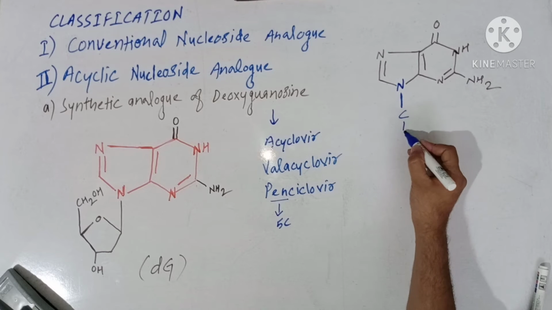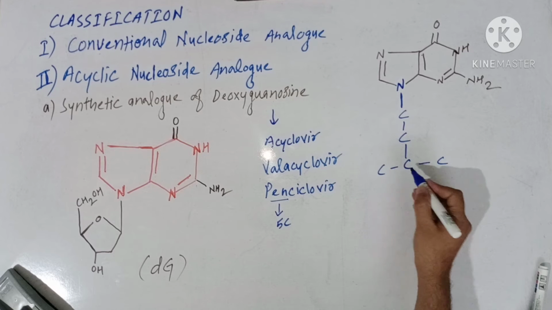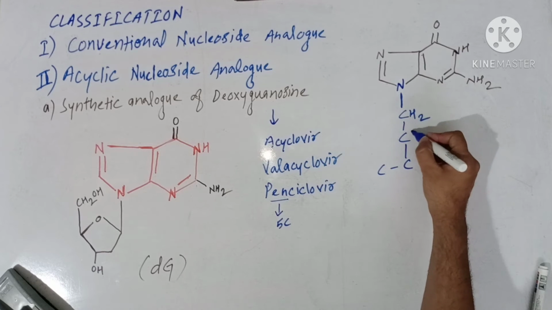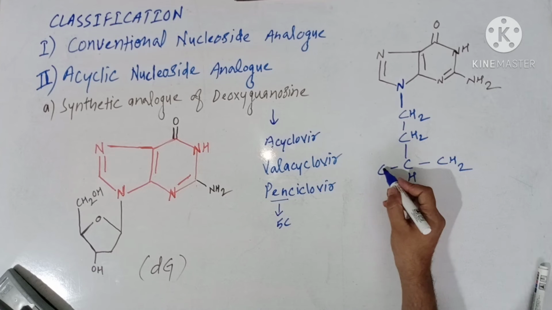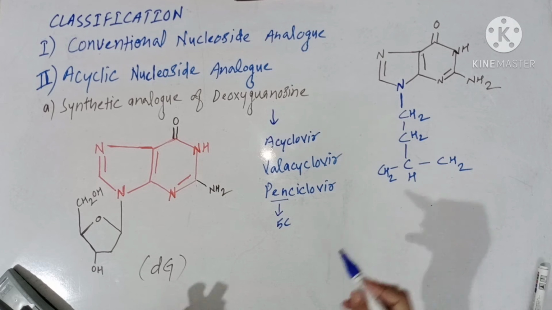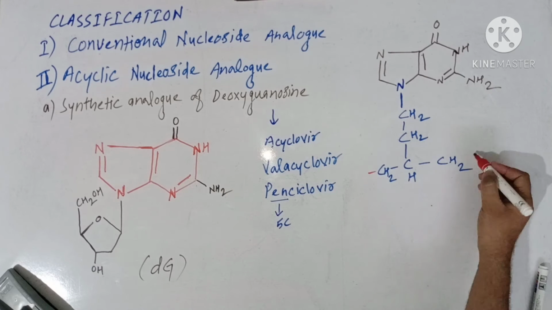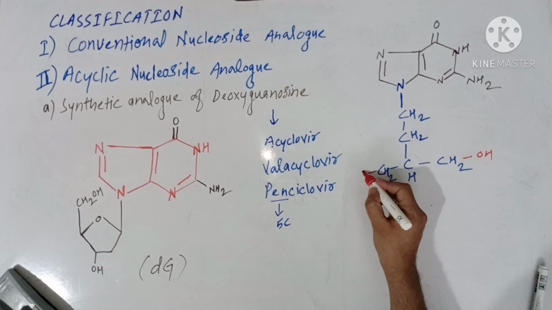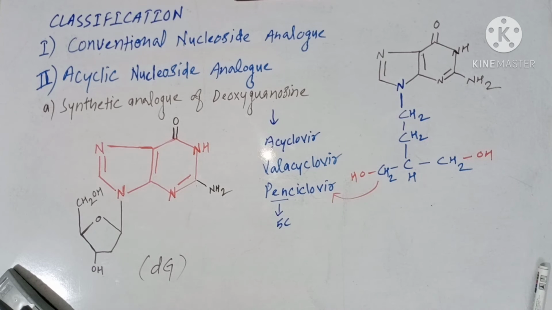So this is your first carbon, this is your second carbon, this is your third, fourth and fifth. So this will become CH2, CH2, this is CH, and this is CH2 again, and this is also CH2 again. But this carbon also has a hydroxy group. So that's why the name of the drug becomes penciclovir.